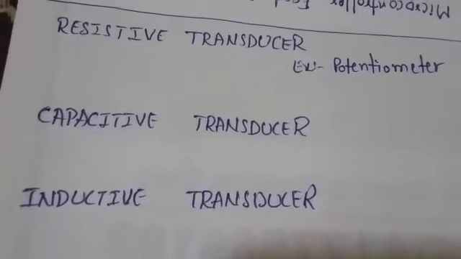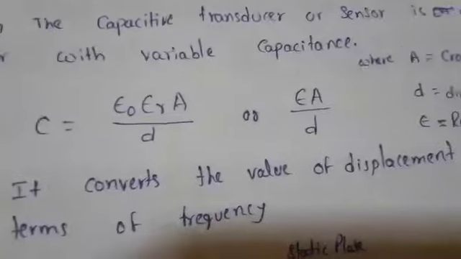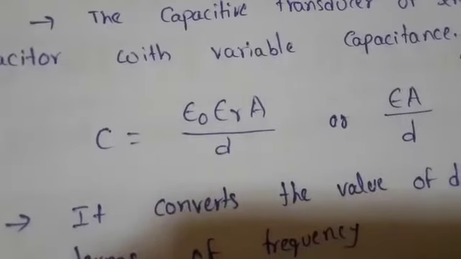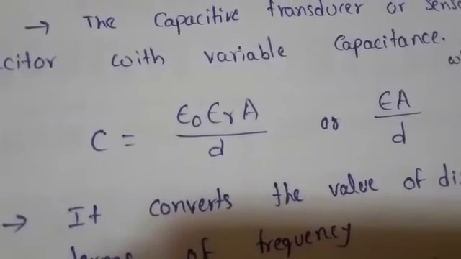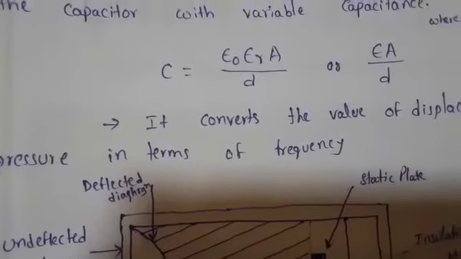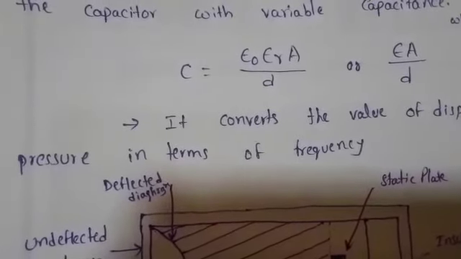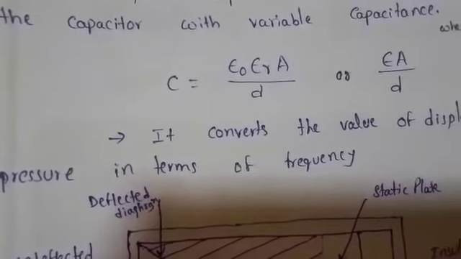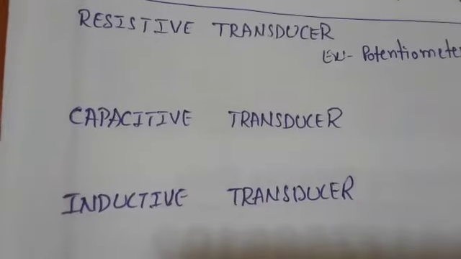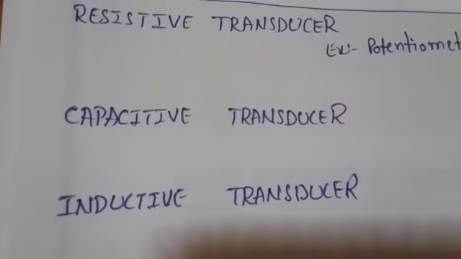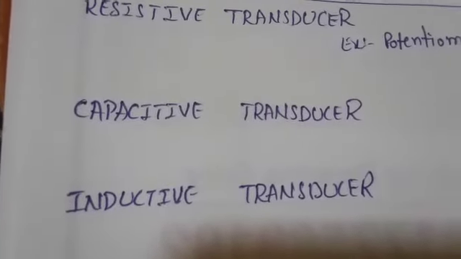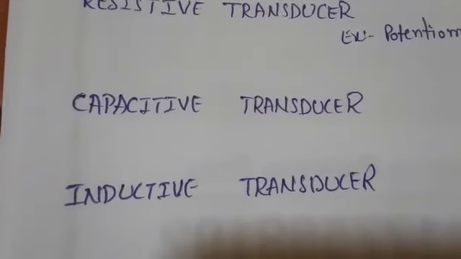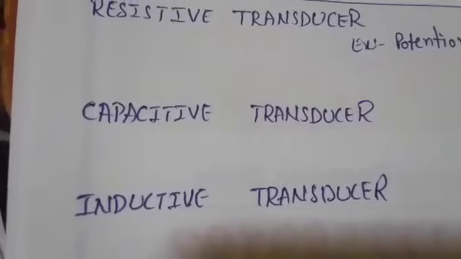We know the equation C equals epsilon A by t, where epsilon is equal to epsilon naught into epsilon r, where A is the cross section of the plates, d is the distance between the plates, and epsilon r is the relative dielectric constant. This capacitive transducer converts the value of displacement or change in pressure in terms of frequency.